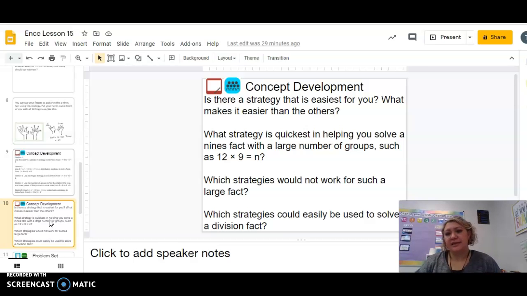Okay, so let's see if 12 times 9, we're not going to use the 9, so we have 12 minus 1 equals 11. Well, that doesn't work. So we know we can't use that strategy, the minus 1 and then the 10 minus the first number.